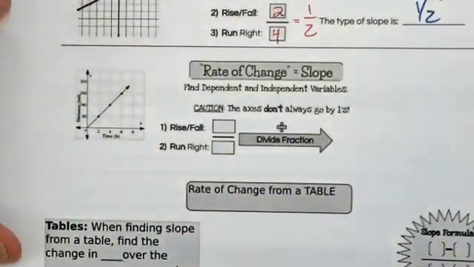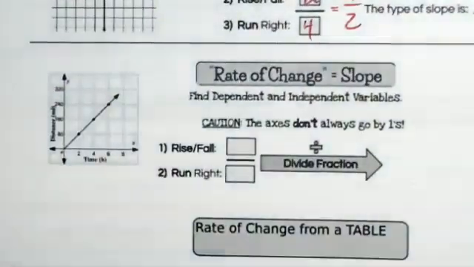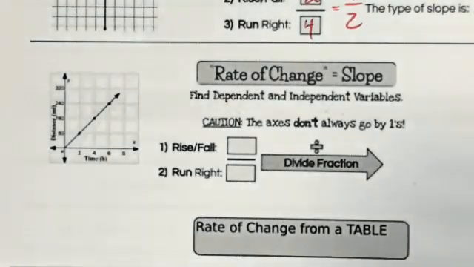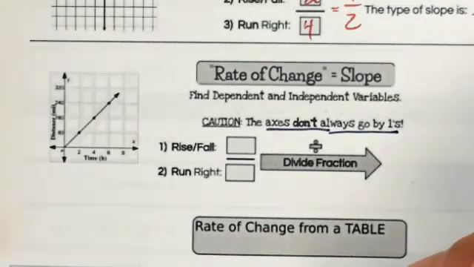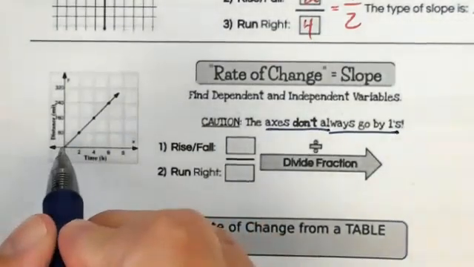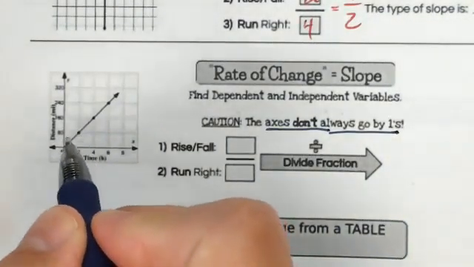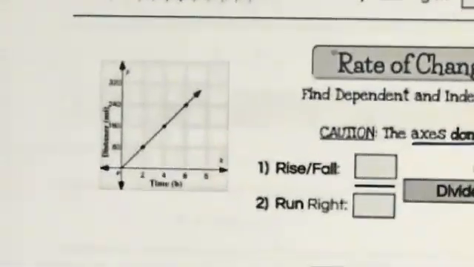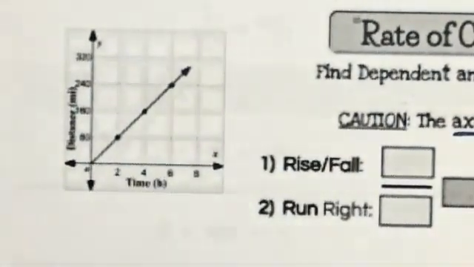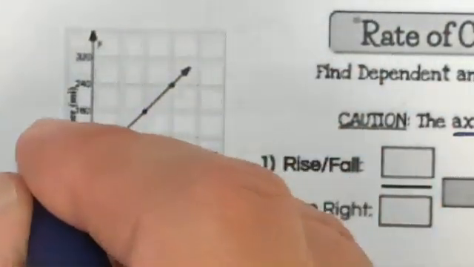The next thing that you want to make sure you are paying attention to is the axes will not always go by ones. So I am not just counting 1 box by 1 box, okay? What I have to do, and this one's kind of hard to see, I don't know why they made it this small. We're going to call these 60 each.